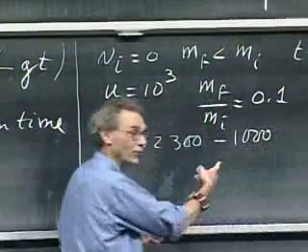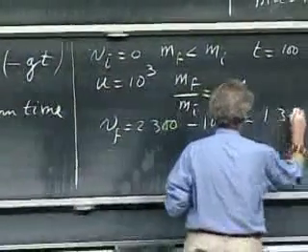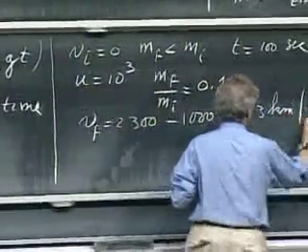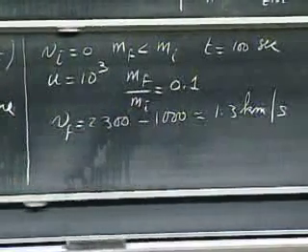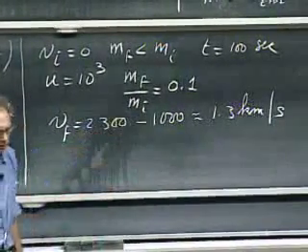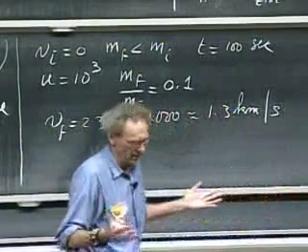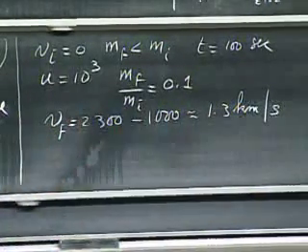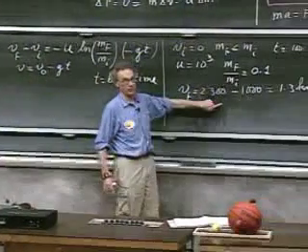So you pay a price for the gravitational field, and you have about 1.3 kilometers per second as the final speed of that rocket. These are meters per second, and that is in kilometers per second. Now, if there were no gravity, then of course the gain in speed, this difference, would be 2300 meters per second.